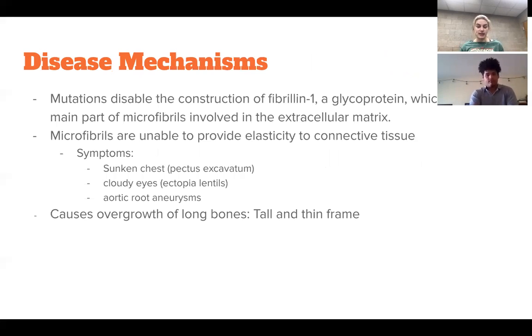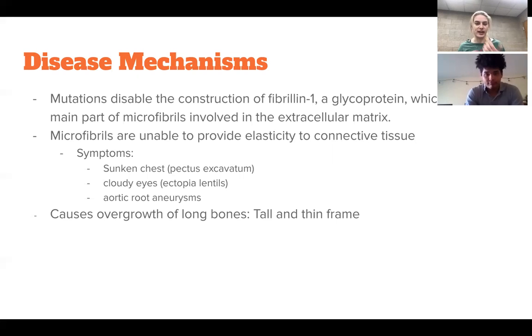So disease mechanisms. The mutations, like I said, disable the construction of fibrillin-1, which is a glycoprotein, and this is an essential piece of creating the microfibrils that are present in the extracellular matrix of connective tissue.